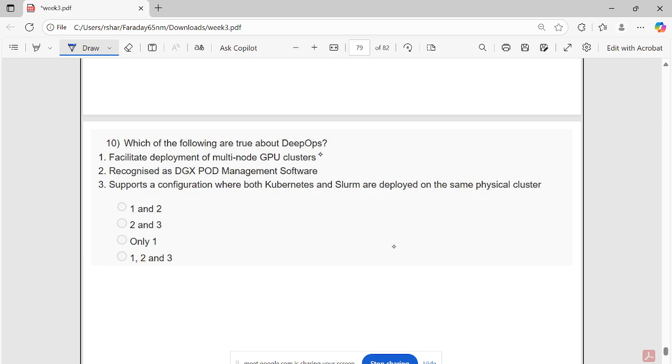It facilitates deployment of multi-node GPU clusters, and it is recognized as a DGX pod management software.